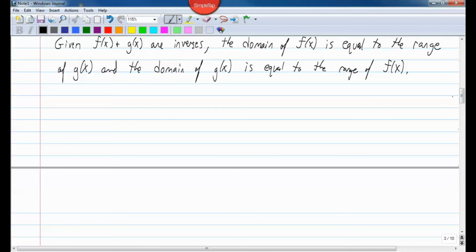Also, if functions are inverses, then we can denote the inverse function. So the inverse function can be denoted like this.